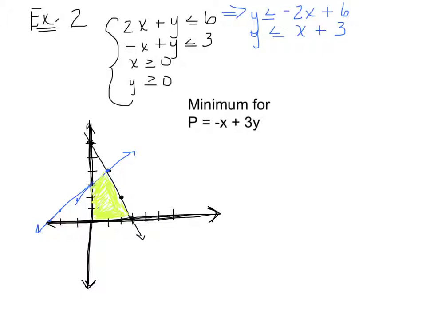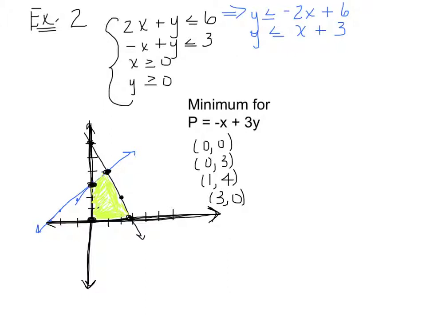So my vertices would be 1, 2, 3, these 4 points, which are (0, 0), (0, 3), (1, 4), and (3, 0).